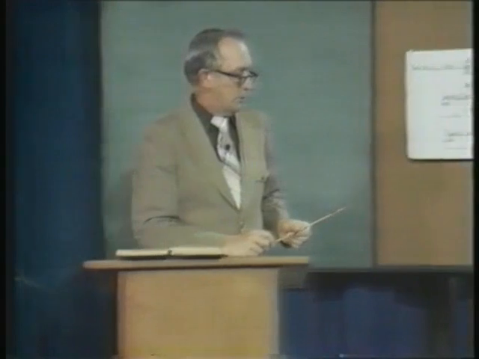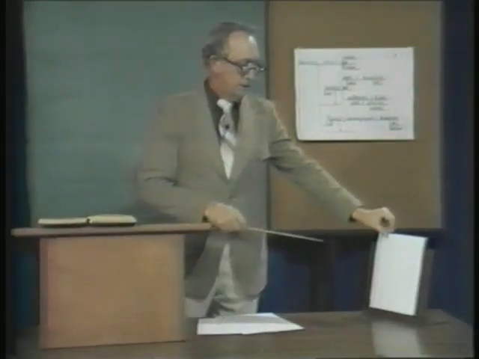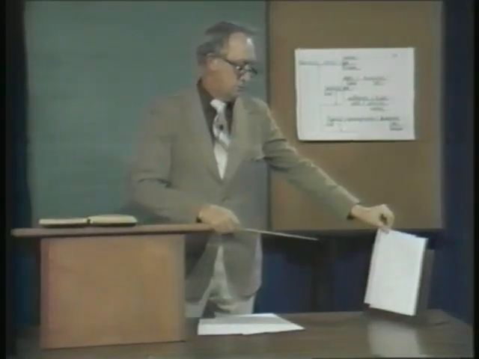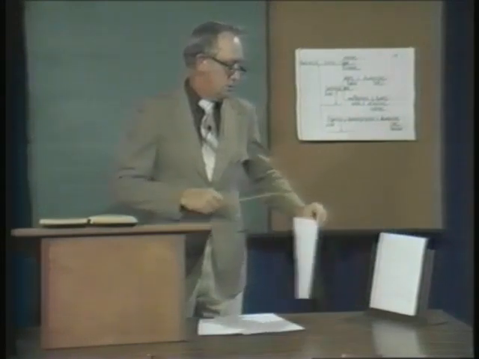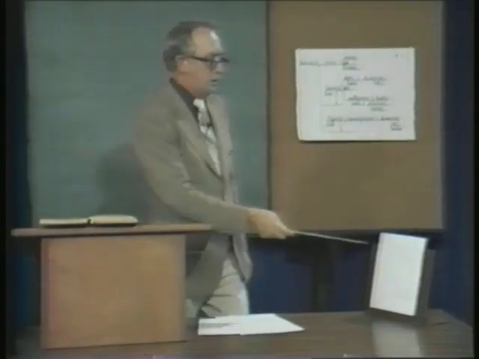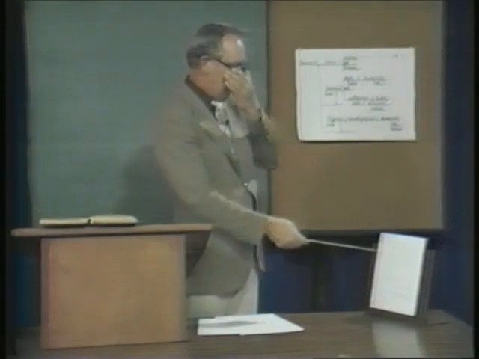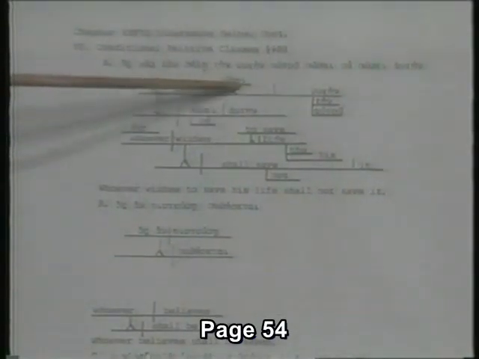And you see that example on page 54. So go to your page 54 now in the workbook, and you'll see the conditional relative clause. Whoever wishes to save his life will not save it.